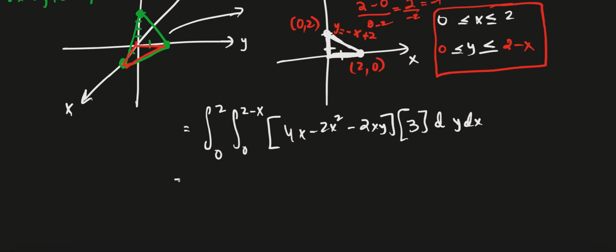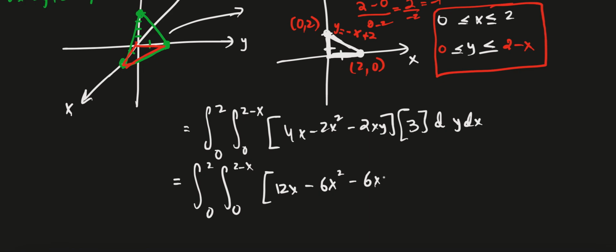Let's compute. So simplifications, 12x minus 6x squared minus 6xy.